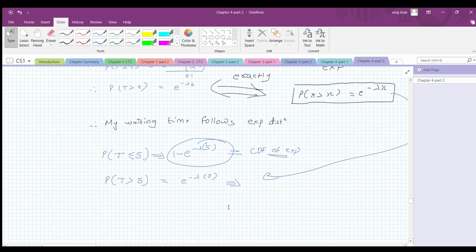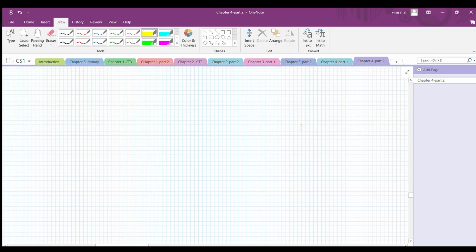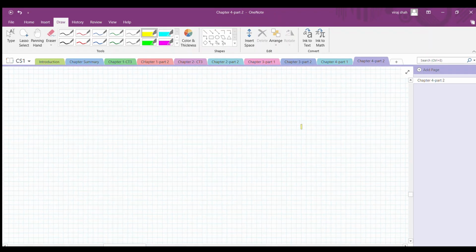And if it takes greater than some hours, I could use 1 minus CDF. So any questions relating to the probability of waiting time, you always use exponential distribution. Okay. So let's do one or two sums so you get a hang of this part as well.